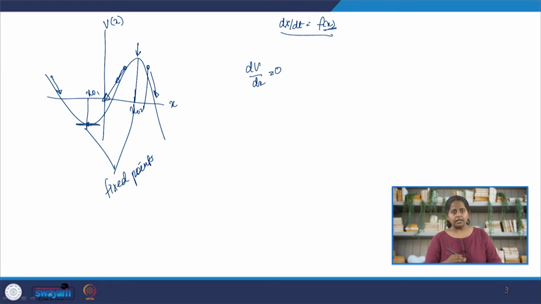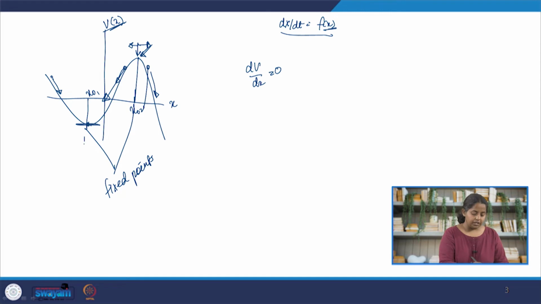Now, how do we use this potential idea to understand the stability of the fixed point? You can draw the potential if you can figure out the V function, but how do we know which of these fixed points is stable and which is unstable? Here it is even more intuitive than it was in the geometric approach. Just by looking at how the potential function is changing with x, you can already tell that this particular position is an unstable position, because if there is any perturbation to the left or the right, the value of x will move away from this fixed point.